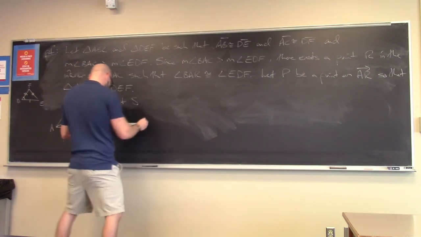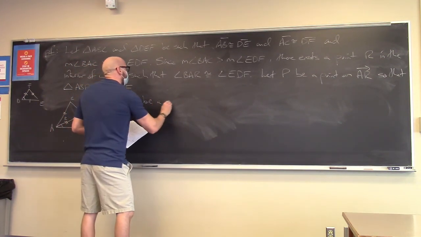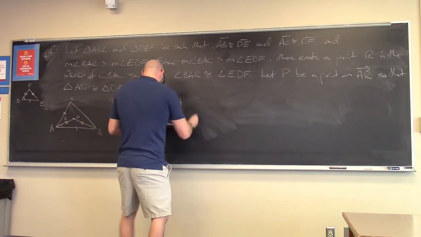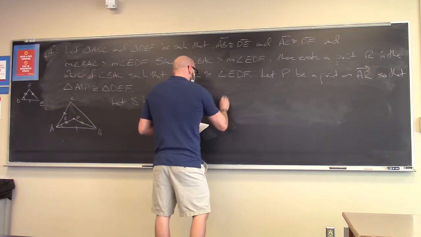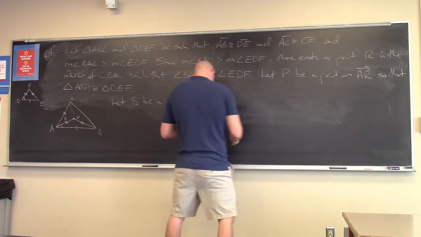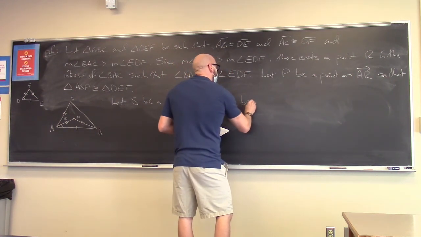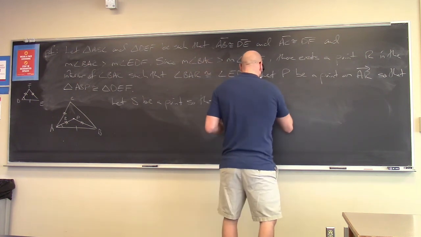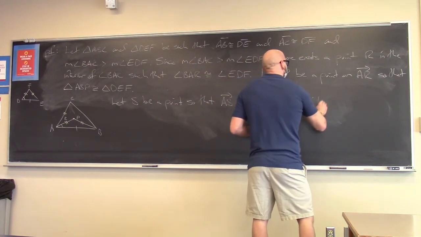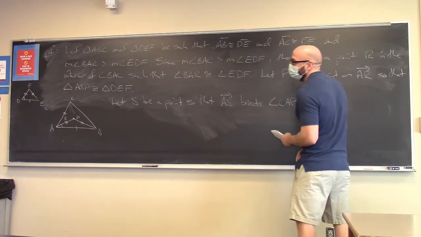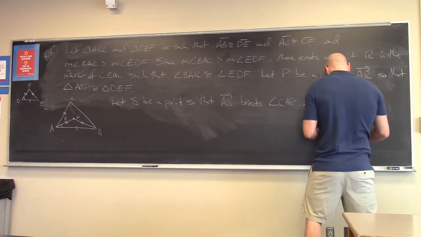Let S be a point so that the ray AS bisects angle CAP, and let Q be its point of intersection with side CB.